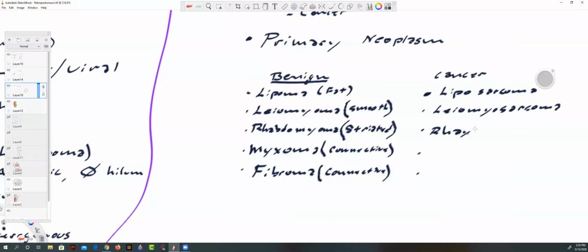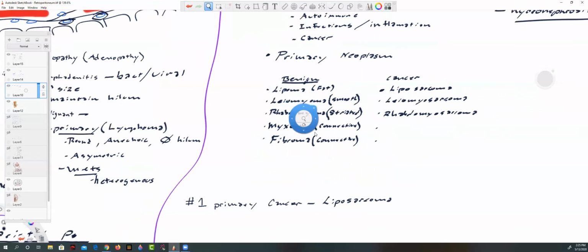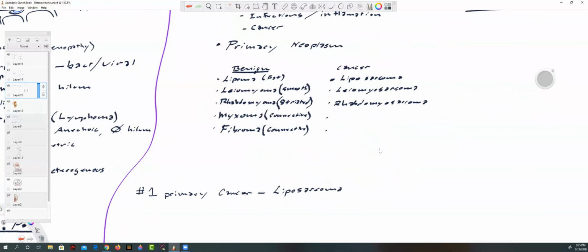Rhabdomyosarcoma. If I back off a little bit, my handwriting will improve. And then, of course, the myxosarcoma and fibrosarcoma.